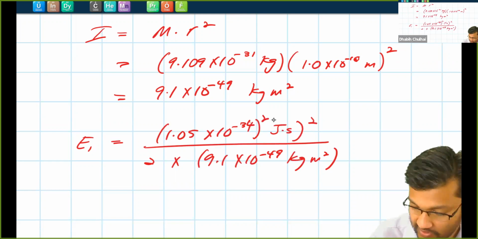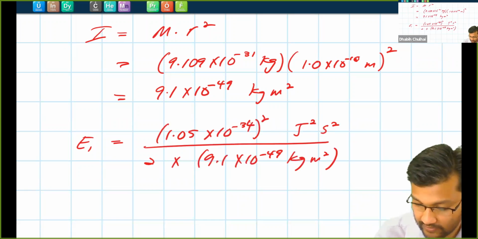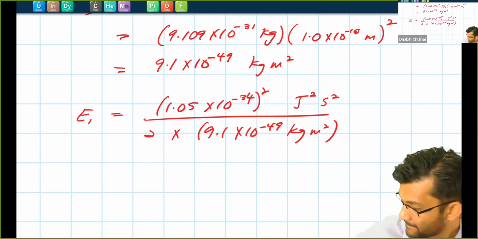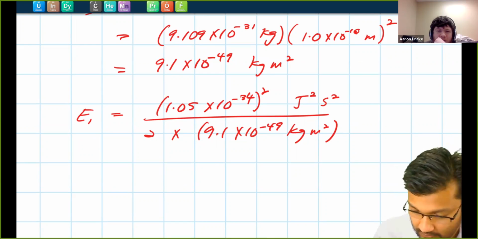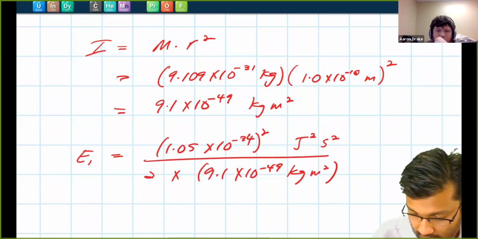I'm going to put the square in there, and this is joule squared, second squared. Sorry, maybe I'm not doing the conversion right in my head, but would it be to the negative 51? Because you square the negative 10 and that's negative 20, and then negative 20 plus negative 31.